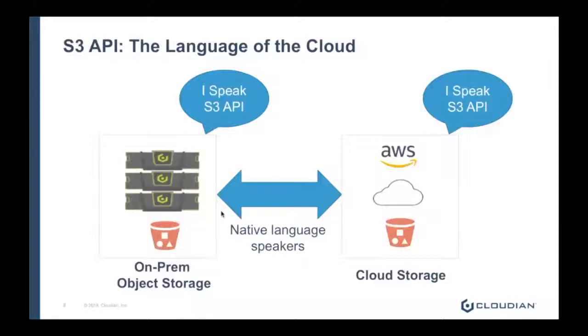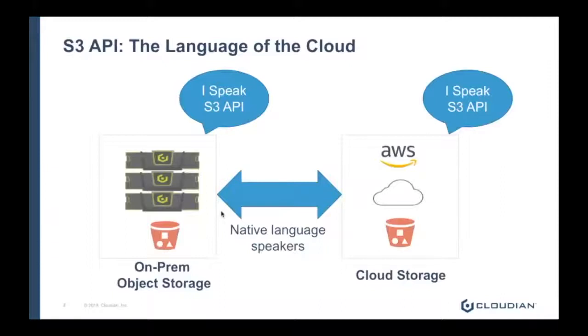So it does fulfill that goal of having the on-prem and cloud operate the same way, speak the same language, and be managed by the same tool sets. So this thing, on-prem object storage, fulfills that goal of achieving unification and simplicity. And they both speak a language that we call the S3 API.